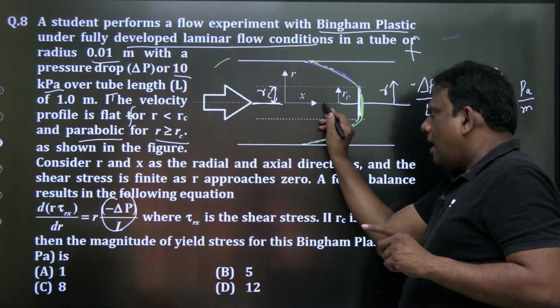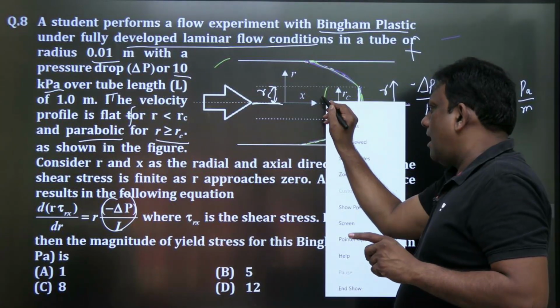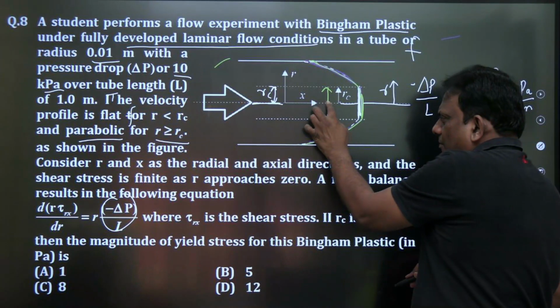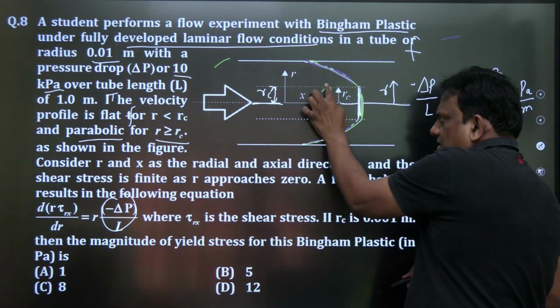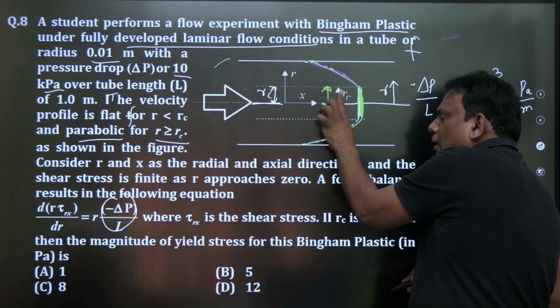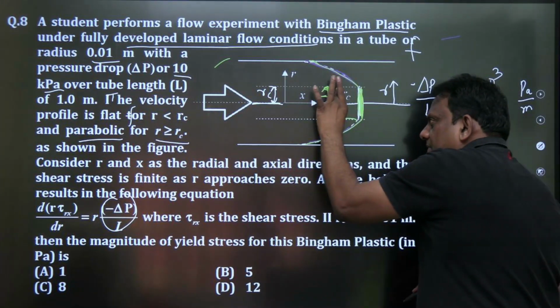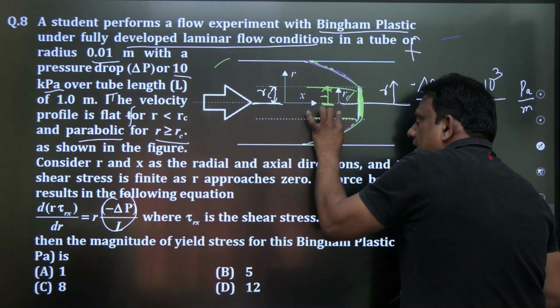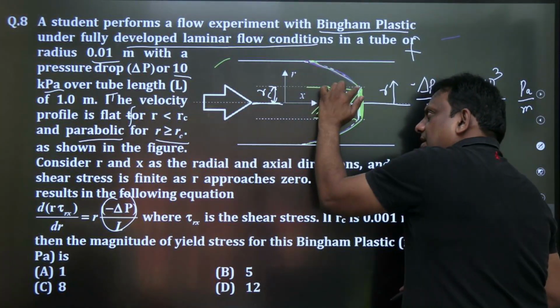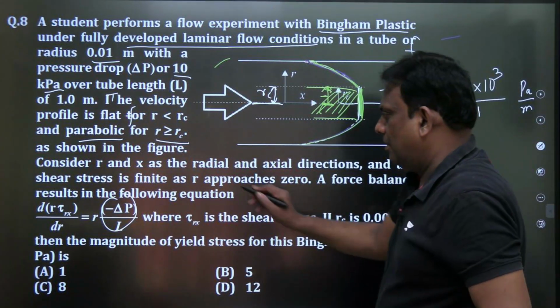Understand carefully: from radius 0, that is the center, to RC, it is flat. It is flat, meaning there are no velocity gradients in this region, but once it crosses RC, it is parabolic. Okay, no problem at all.